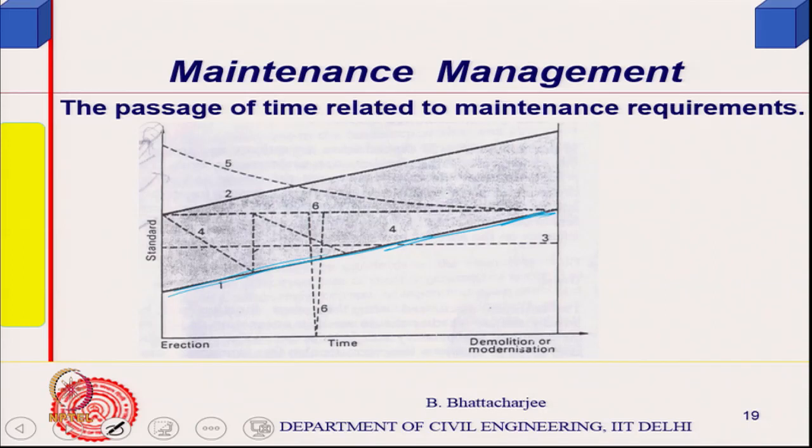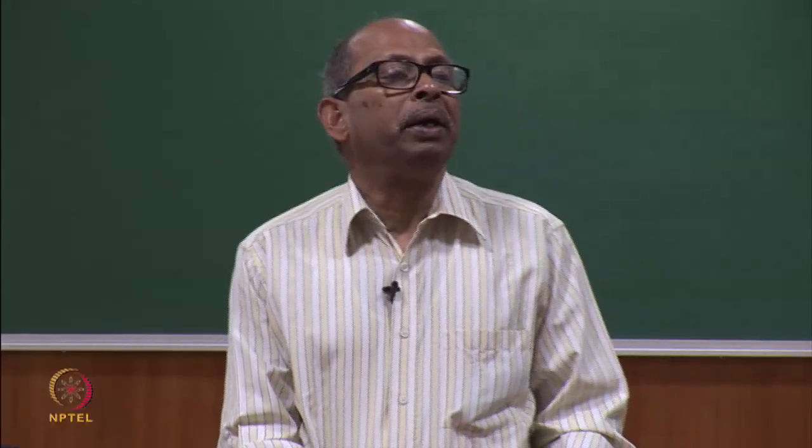To start with, the standard in the beginning is here, the acceptable standard somewhere in the beginning is something like this. Now, the standard overall will go on improving in some cases, not all elements; for some elements there is a chance of the standard going up.